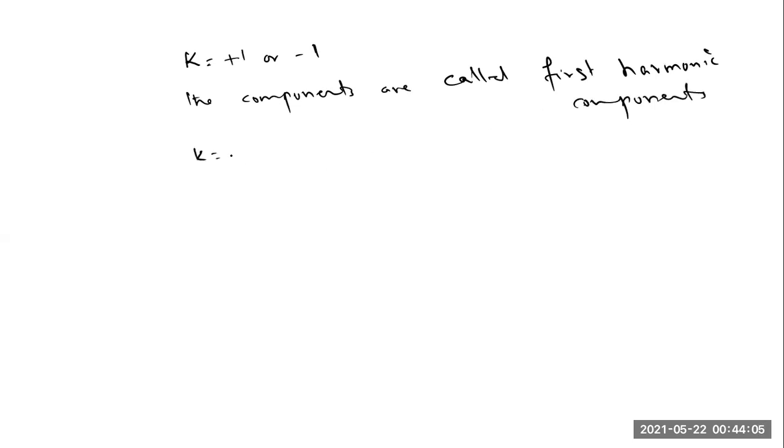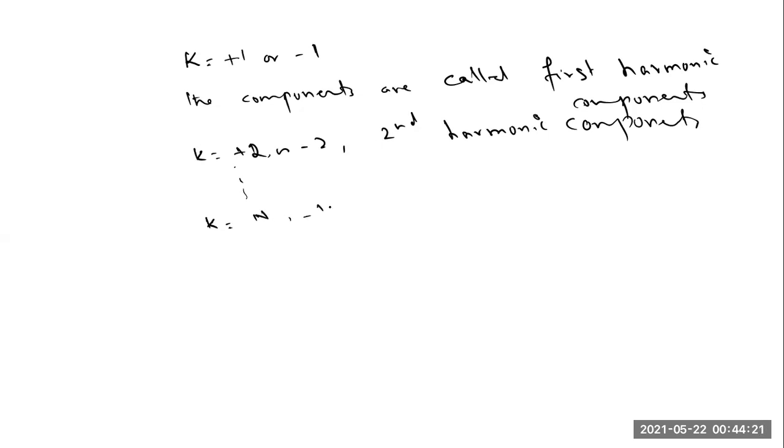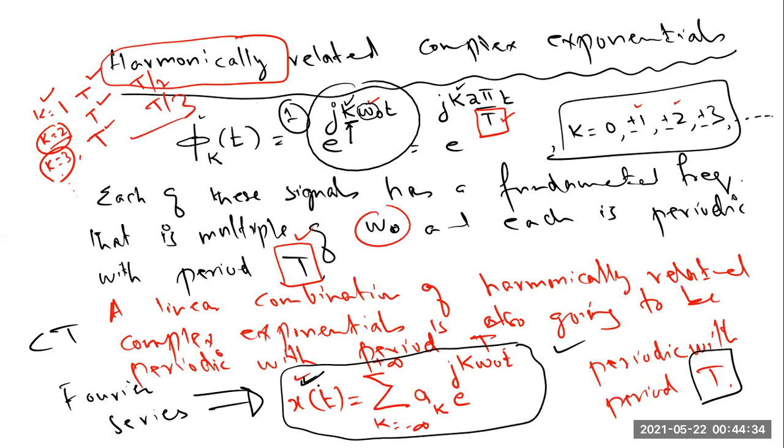And if you put k equal to +2 or -2, then they are known as second harmonic components, and so on. And if you put k equal to +n or -n, then we will call those components the nth harmonic components.